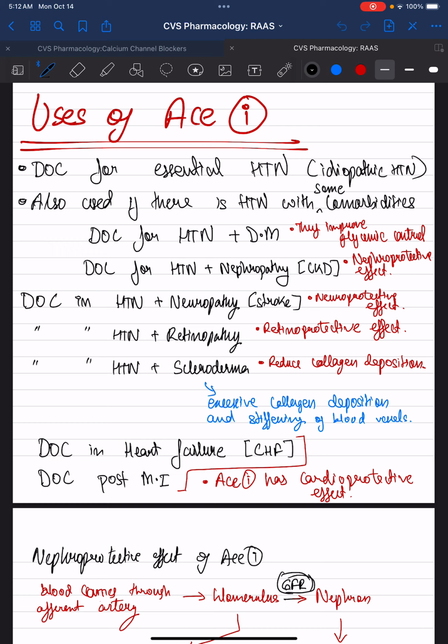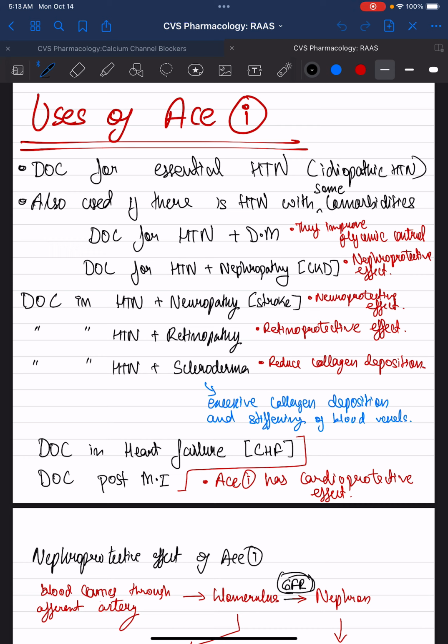ACE inhibitors are the drug of choice for essential hypertension, which is basically idiopathic hypertension. There is no known cause, just the fact that the patient has higher than normal BP. It is also used if there is hypertension with comorbidities, like diabetes mellitus.